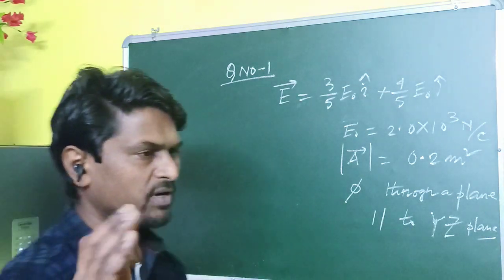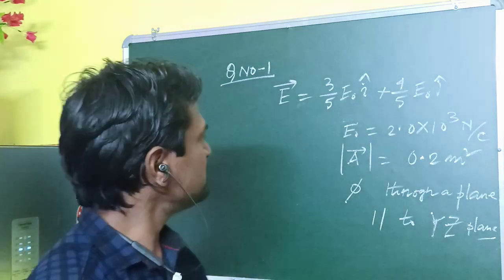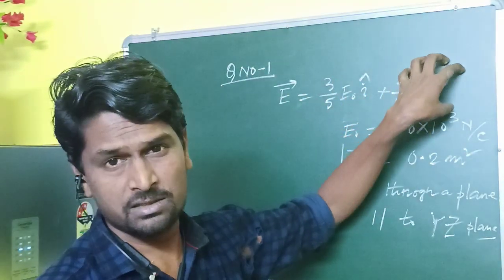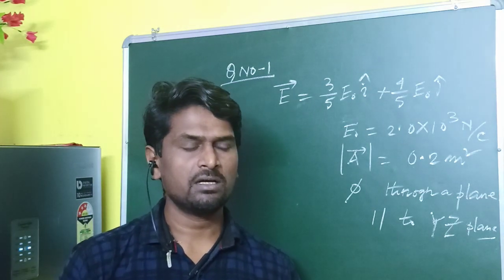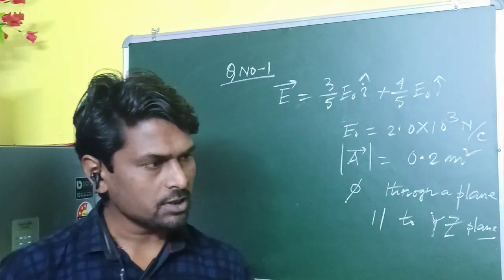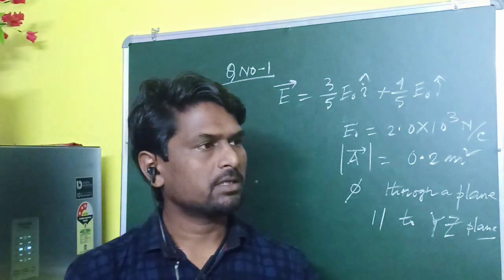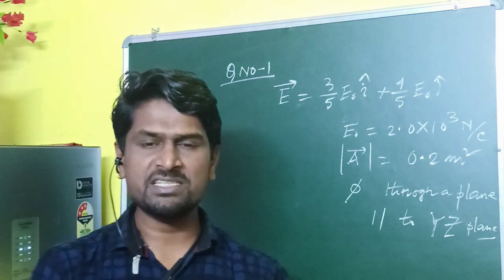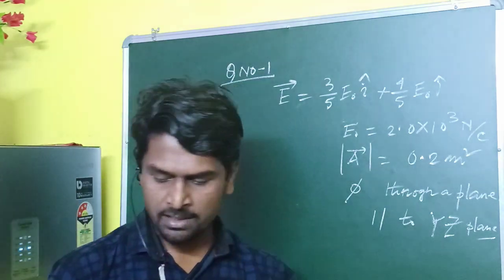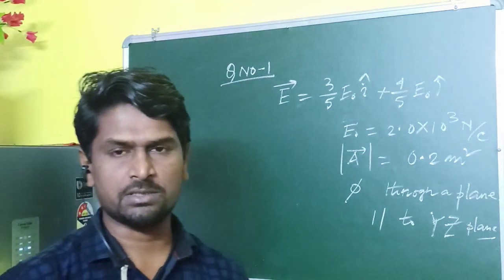So students, first of all you have to know what a space vector is. The electric field is given here, so what is a space vector? Suppose I ask a question: what is the basic difference between a dictionary and this physics book?